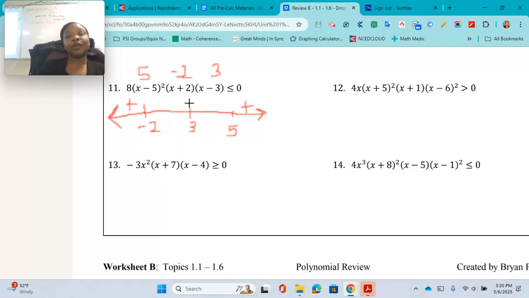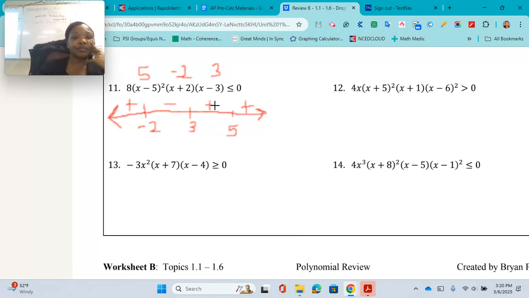Now let's look at the multiplicity. That's where it came back. Starting at the negative 2, the multiplicity is 1. So if this is positive, this will be negative. Now if we look at the 3, the multiplicity is 1. So if this is negative, this will be positive.